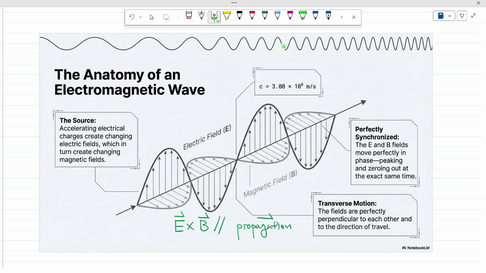And speaking of properties you can derive mathematically, this is the speed of light that Maxwell, quote-unquote, predicted with his math. Now I say quote-unquote predicted because he did predict the speed of electromagnetic waves, but the speed of light was already measured experimentally in astronomical observations and whatnot. Actually, people were trying to figure out what light is.